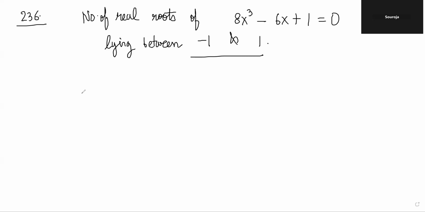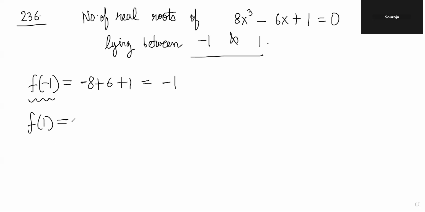Okay. So let's find out first of all what is f of -1, right? -1 is -8 plus 6 plus 1. So it is -1. And similarly, f of 1 is 8 minus 6 plus 1. It is plus 3, right? So first of all, it is guaranteed that the sign has changed, right?